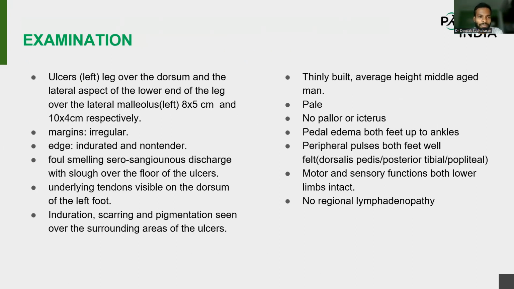Yeah, so it's a left leg ulcer over the dorsum and lateral aspect of the lower end of the leg over the lateral malleolus. 8 into 5 centimeters and 10 into 4 centimeters, irregular, indurated and non-tender. Foul smell is there, slough is there. And it looks like it's a grade 4 ulcer.